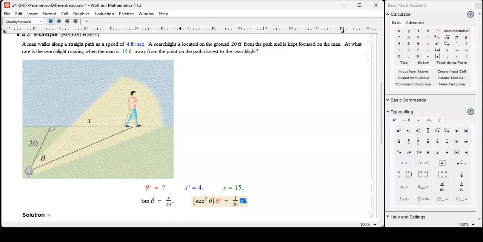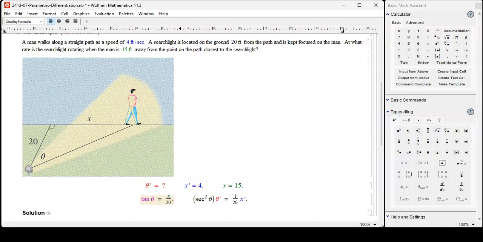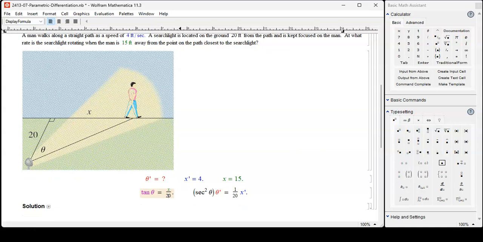And tangent of theta, that's going to be a bit of a problem. There's going to be a bit of a problem here. X is currently 15. It's hard to read. Let's write like this.